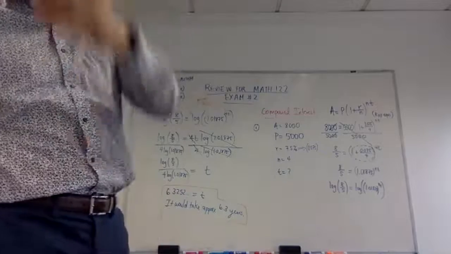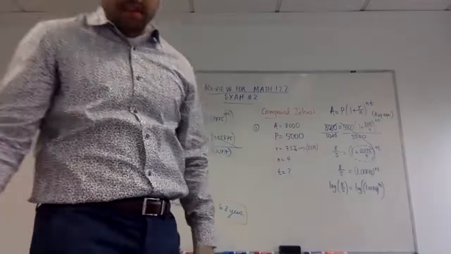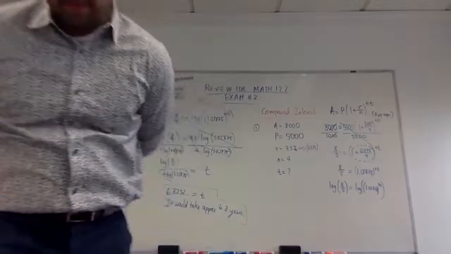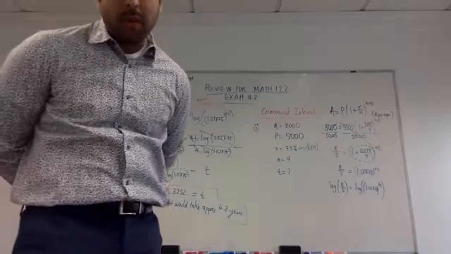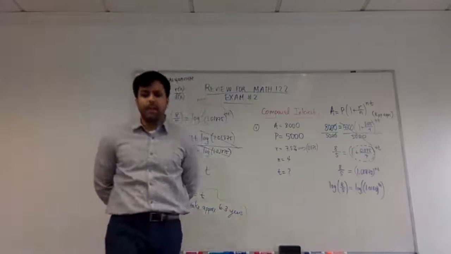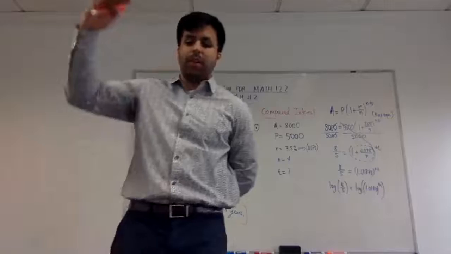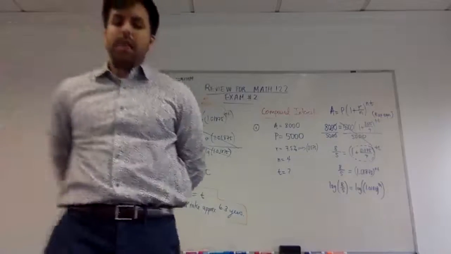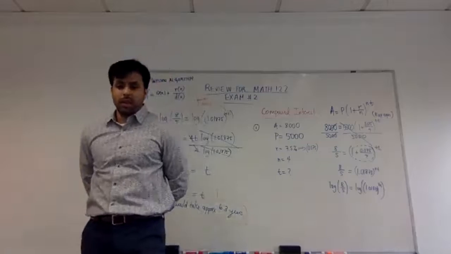You're right. That's right. So for rational functions number 4, the hole is at x equals 1, because the factor that's in common between the numerator and denominator is x minus 1.